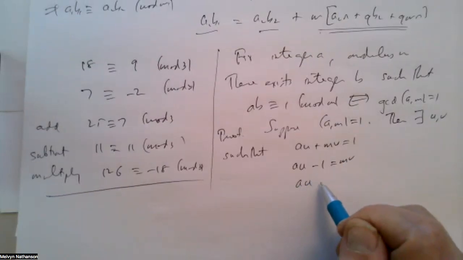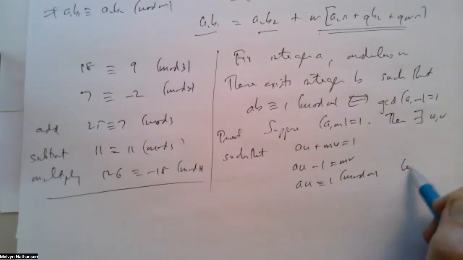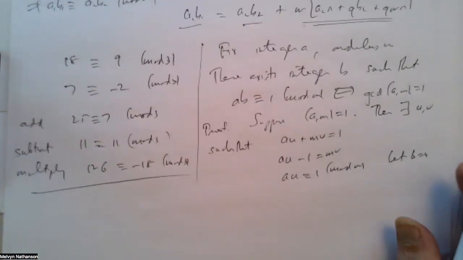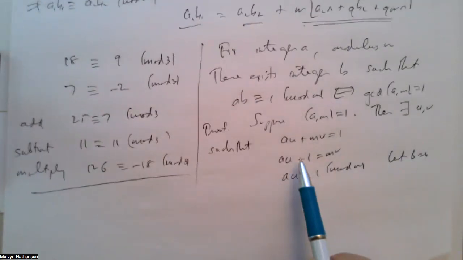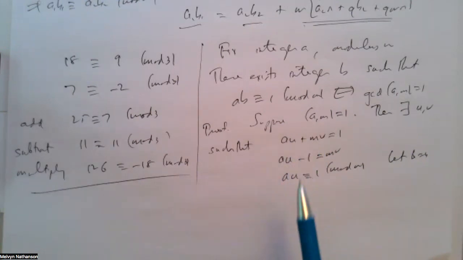So AU is congruent to 1 mod M, and let B equal this number U. So from this result about greatest common divisors of integers being represented by these linear equations, which came directly out of the Euclidean algorithm, we get this result. Okay.